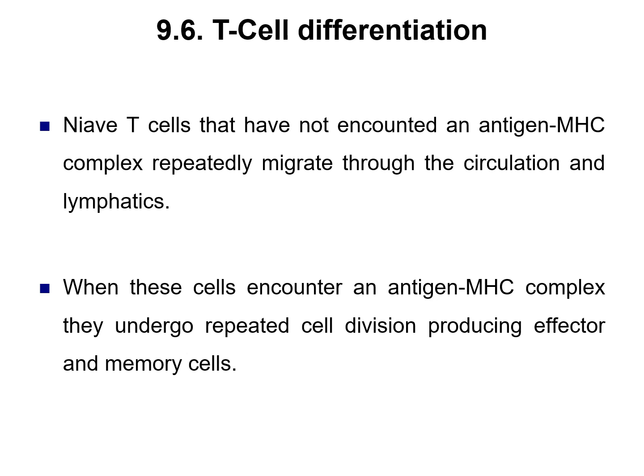Naive T cells that have not encountered any antigen or complex will just go to the circulation and the lymphatics. Until the time they have encountered the complex, they will now undergo change. So they can become effector cells or memory cells.